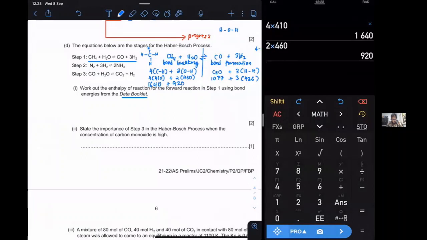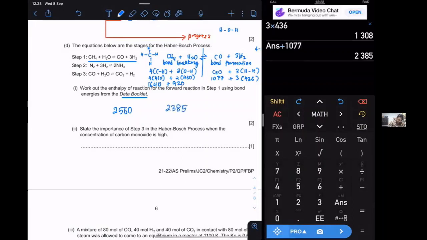So my bond breaking total is going to be 2560. That's my bond breaking. And then my bond formation is going to be 3 times 436, which is 1308. Then I will add 1077.